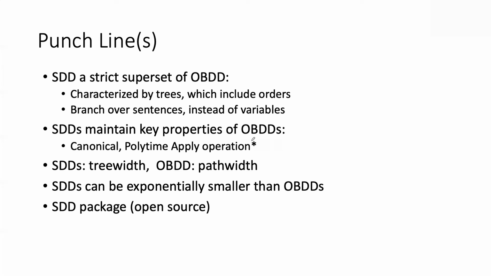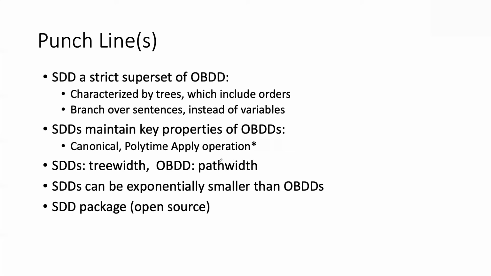We'll explain that later. And the main thing here is that SDDs can be exponentially smaller than OBDDs. All right, so that's the big reward, that for some Boolean functions or knowledge bases, this will blow up for any variable order, but this can be represented compactly, and that's the main win in this particular case.